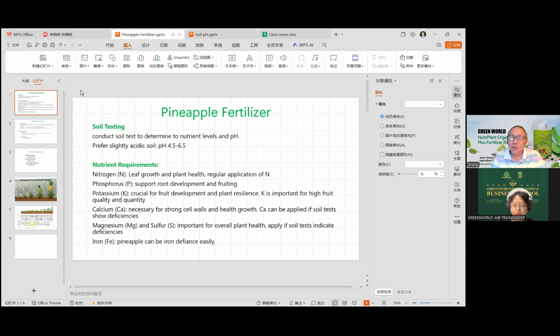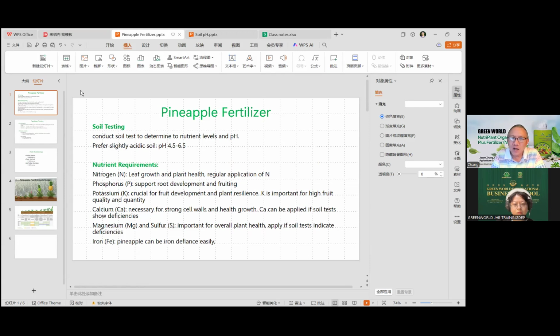So when we do the soil testing, we have two objectives. One is the nutrient level, to see what you're missing. A lot of times, soil actually has a lot of nutrients in it anyway. When you have a lot of nutrients in it, you may not need to apply too much fertilizer.